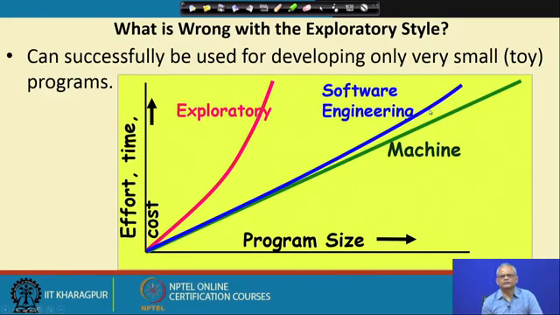We will see why. But one very basic thing we need to remember from this slide is that in the exploratory style, the cost, effort, and time increase almost exponentially, whereas using software engineering principles, we are keeping them down to almost a linear increase.